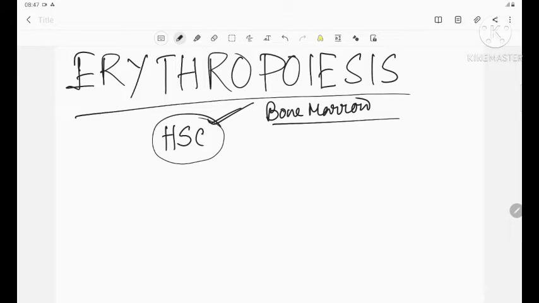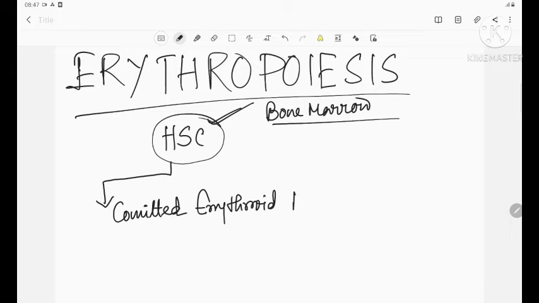and they are going to differentiate into various types of poietic cells. Just like erythropoiesis, for erythropoiesis they form the committed erythroid progenitor cell. They are going to differentiate and form the committed erythroid progenitor cell.